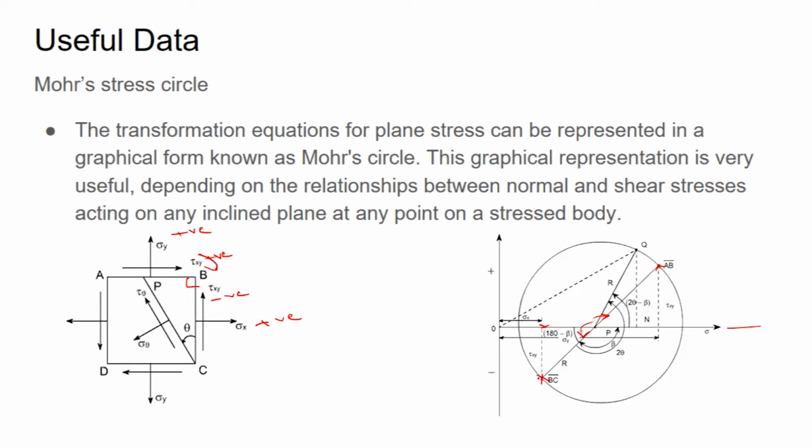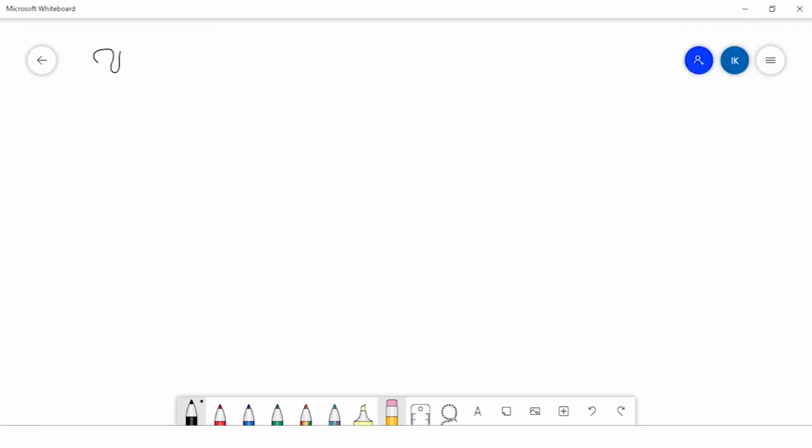This circle is called Mohr circle. And using this Mohr circle, we can find the normal stress and shear stress on any plane. With this information, let us solve the question.